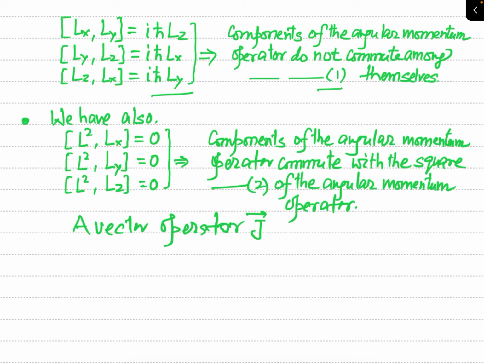I have told you that whenever I write the symbol in capital letter, you should think that it is an operator, not an observable or a physical quantity. This is just an operator associated with a physical quantity.